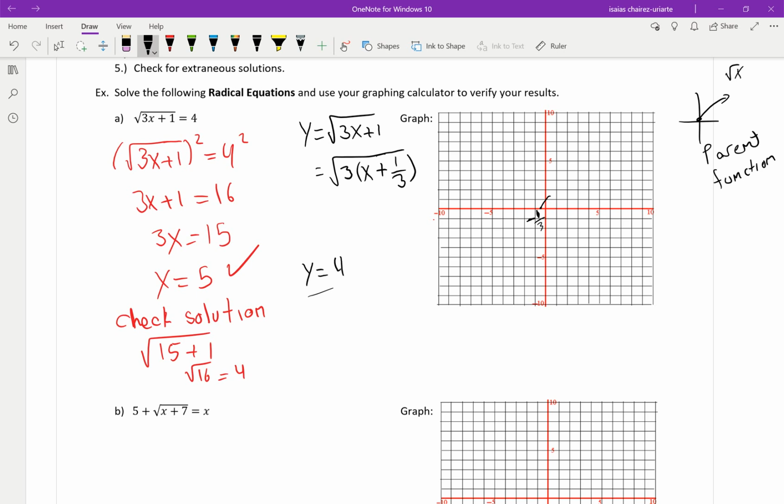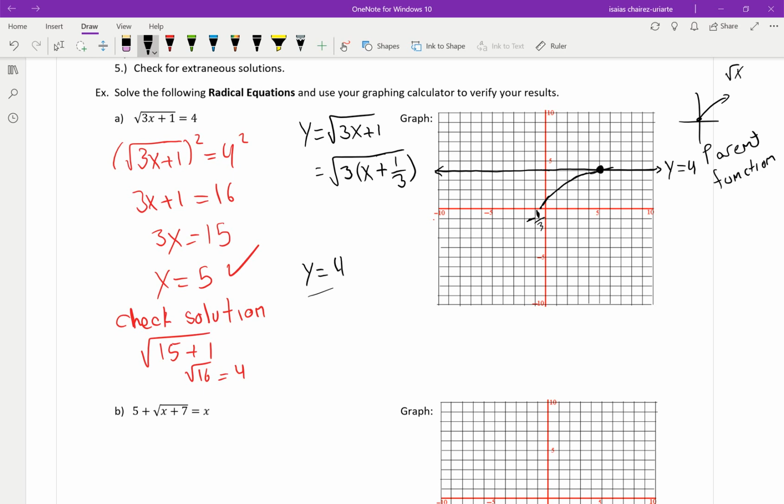Y equals 4, that's just a horizontal line that hits the y-axis at 4. So this is y equals 4. And the other one that I was trying to sketch over here is the square root one. And they happen to intersect each other right there.